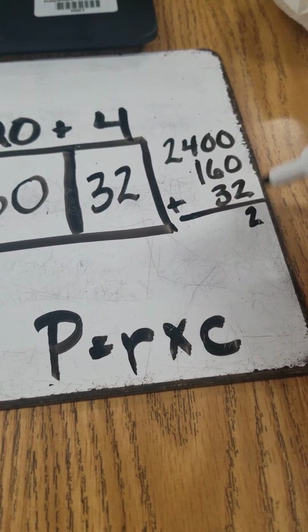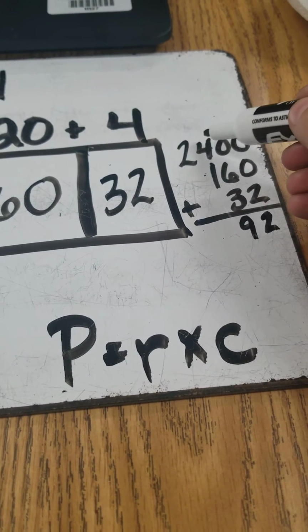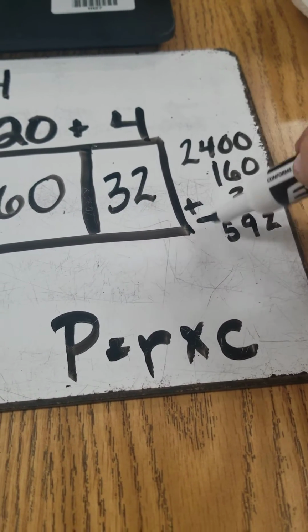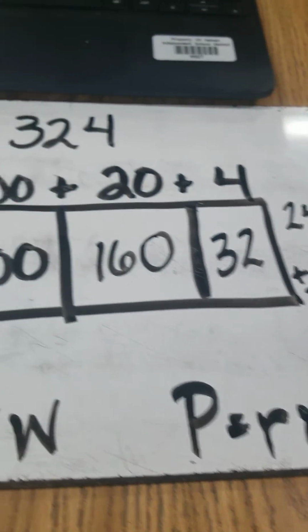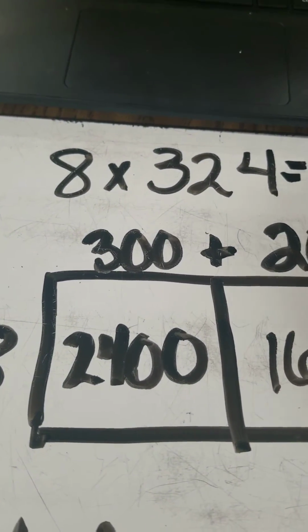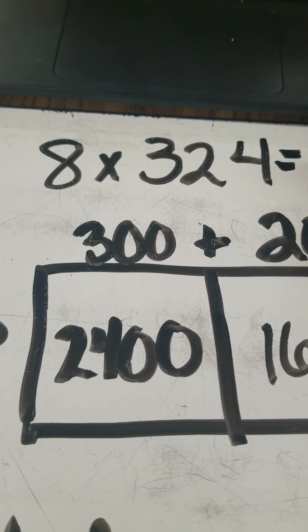Add my ones place, add my tens place. 6 plus 3 is 9. Hundreds place, 4 plus 1 is 5. Thousands place, 2. So the product of 8 times 324 is 2,592.